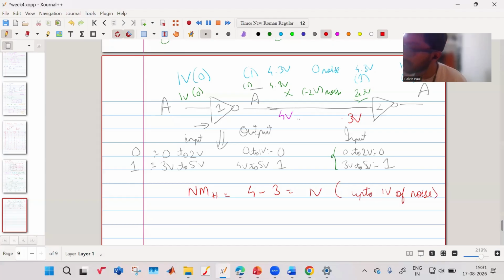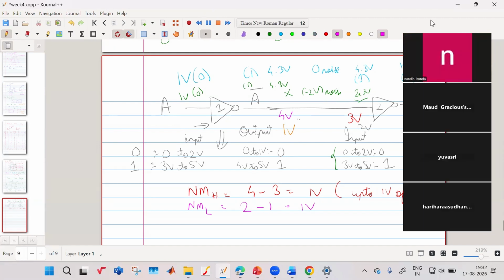Similarly, if your output here is supposed to be 0, then the worst case is when it is 1 volt over here, and this can detect up to 2 volt, right? So your noise margin low is equal to 2 minus 1, that is again 1 volt. So 1 volt of noise it can tolerate.